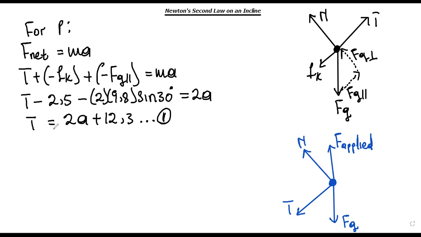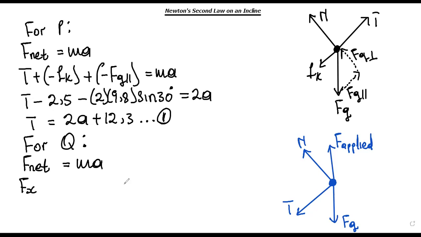Fine. Then we come back and consider block Q alone. We still apply Newton's second law on block Q. This is what we say. Now, the positive force here is going to be the component of the applied force parallel to the incline.